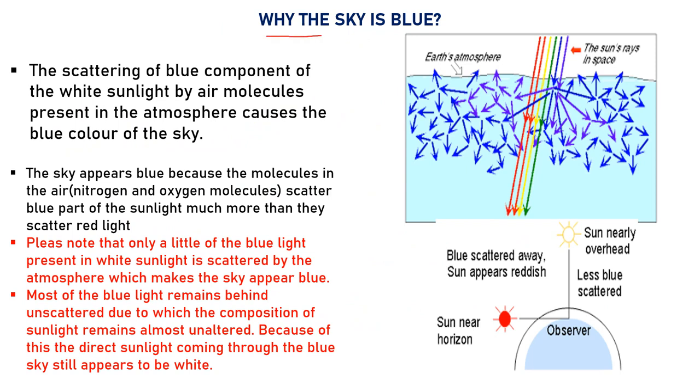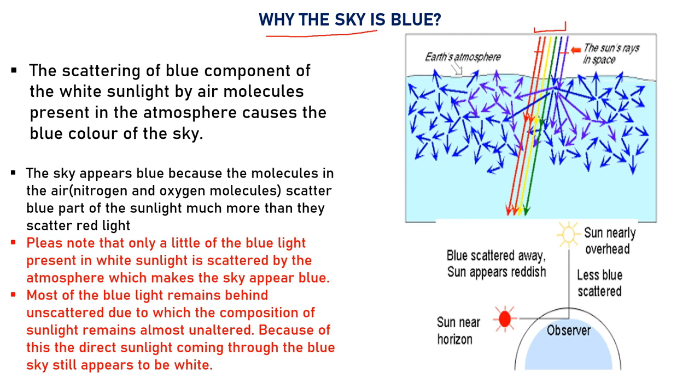Why the sky is blue, we have already discussed. Let me just show you with the help of the diagram over here. As you can see, the different colors, the VIBGYOR, different colors of the sunlight, right? The prominent colors are red and blue. I have told you, right?